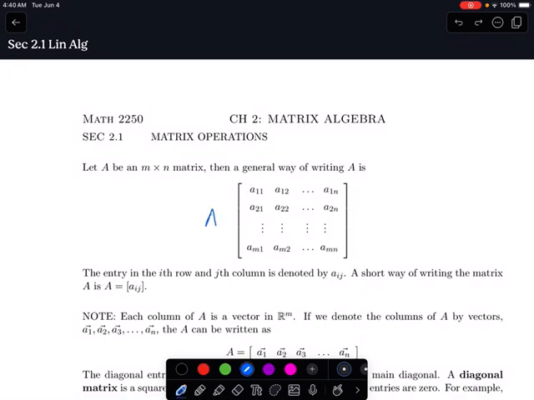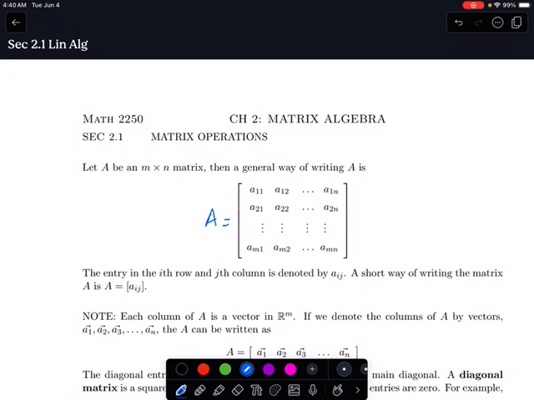The idea of representing entries with two indices is that the first number is the number of rows and the second is the number of columns.